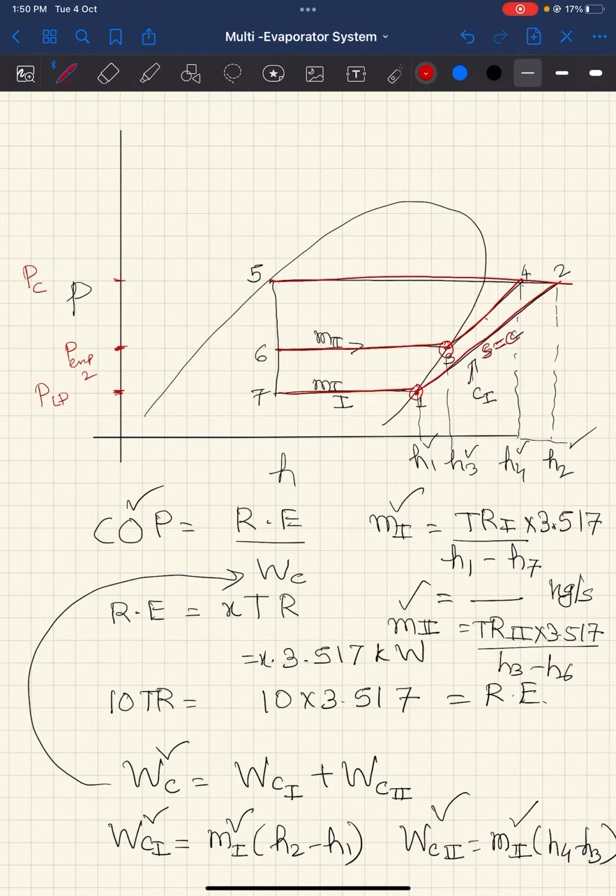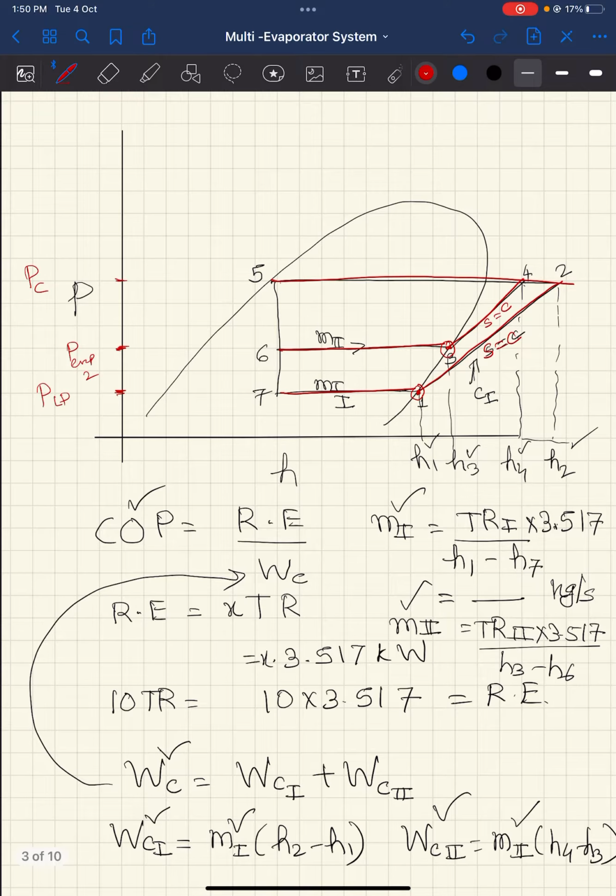The entropy remains constant. They get mixed and then enter the condenser, and we are assuming there is no subcooling. So the refrigerant after condensation becomes a condensate, which is saturated liquid. This is how we have discussed state 1, state 3, state 2, state 4 and state 5.